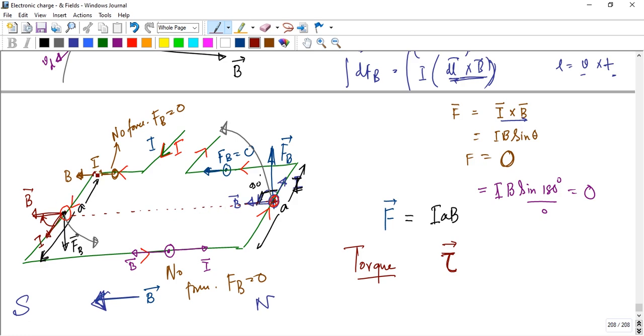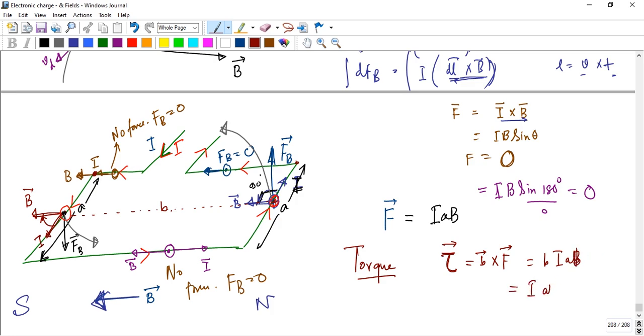So tau equals r cross F. The axis of rotation here is important. With F equal to I A B, the final answer is I A B, where capital B represents the magnetic field.